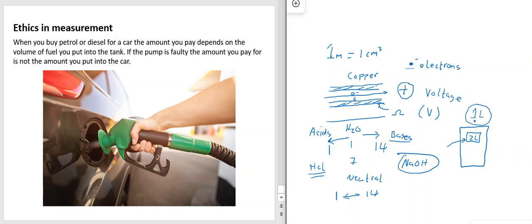So what happens is there are checks that are done randomly on petrol meters to make sure that this doesn't happen. The same thing can happen if you're measuring mass or volume and you don't record it properly, or any measurement. You're going to be introducing inaccuracies into your experiment or your measurements, and if you do that, it's unethical.